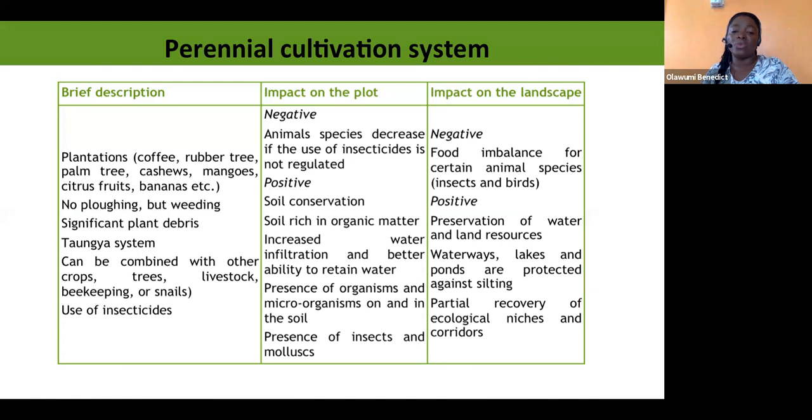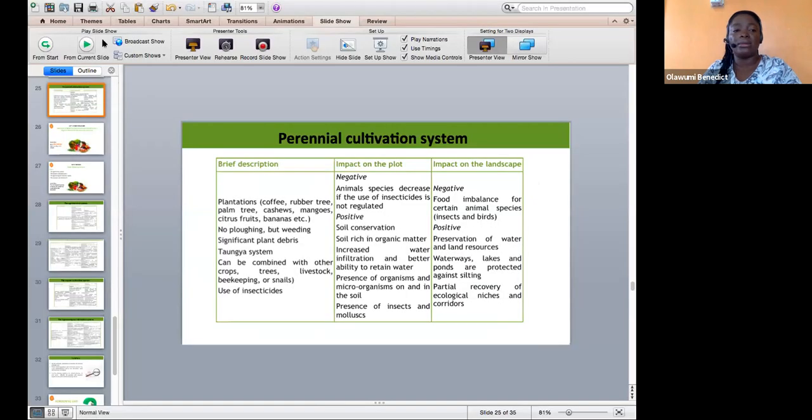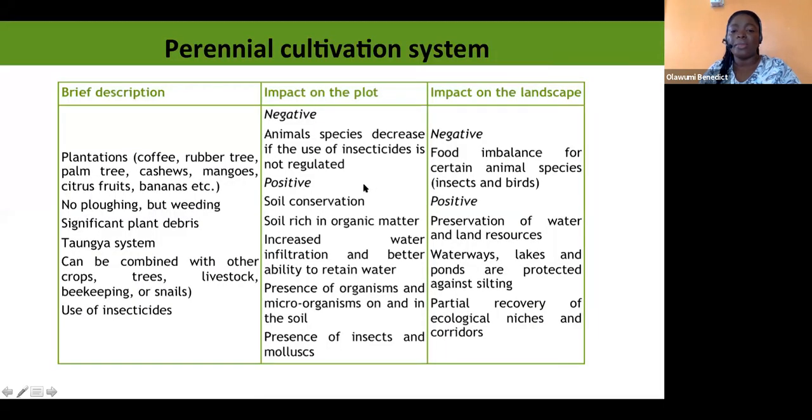Then there's increased water infiltration and better ability to retain water because the organic matter in our soil is increasing. This increase in the ability of the soil to retain water is very important for people who want their soil to be healthy.